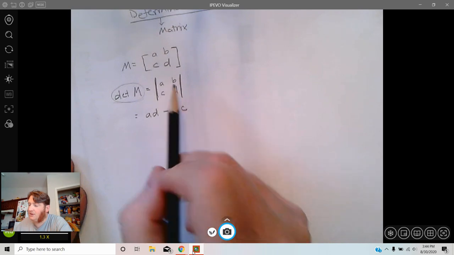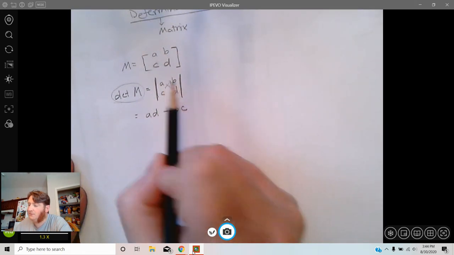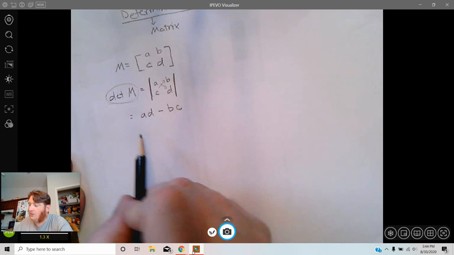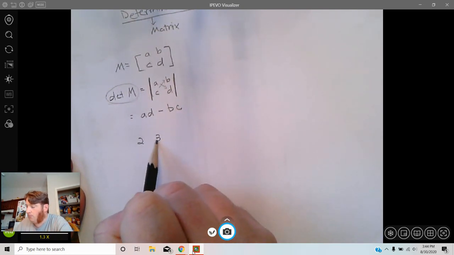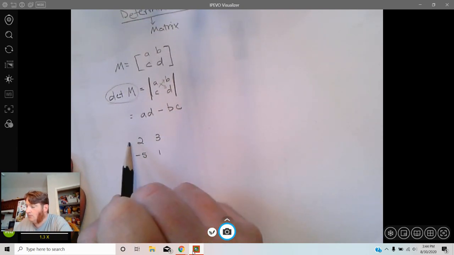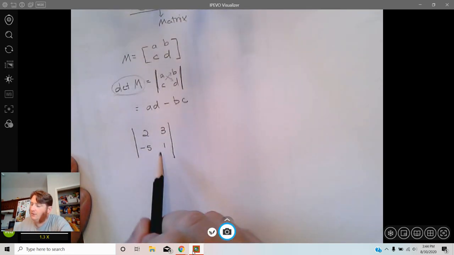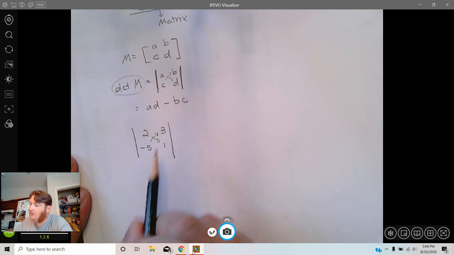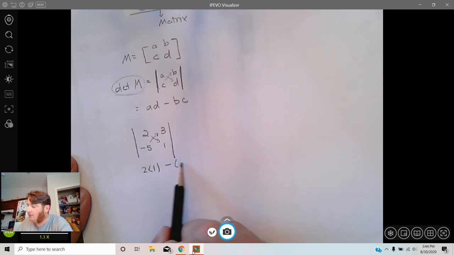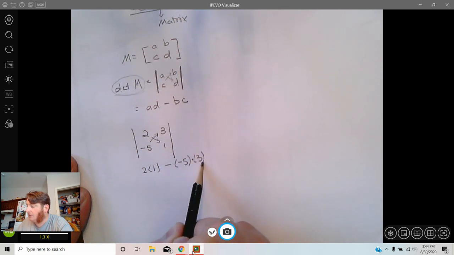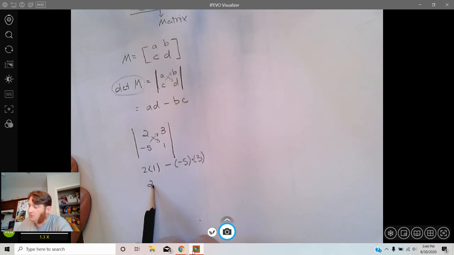And it looks like, again, cross multiplication. And so just making up 4 numbers, this determinant would be 2 times 1 minus -5 times 3, which would be 2 minus -15, which would be 2 plus 15.